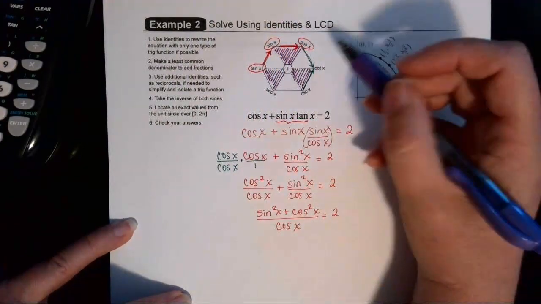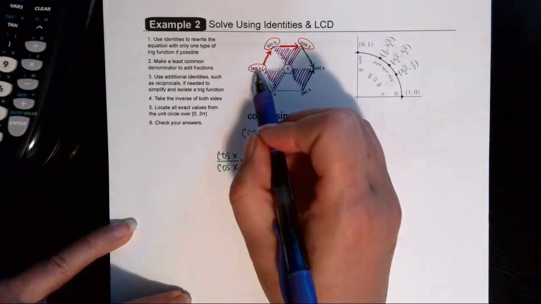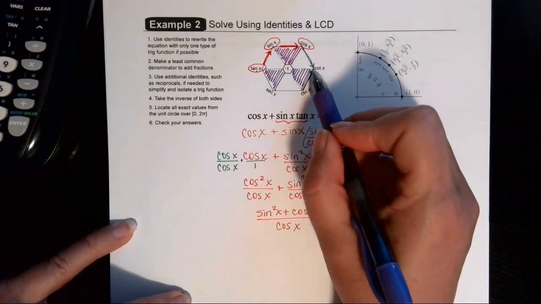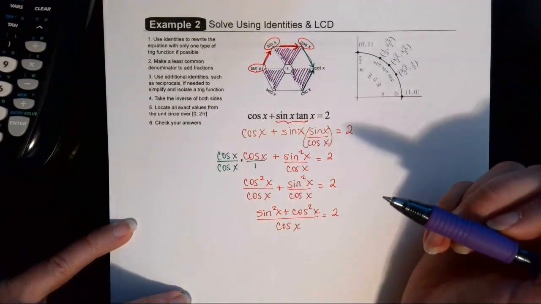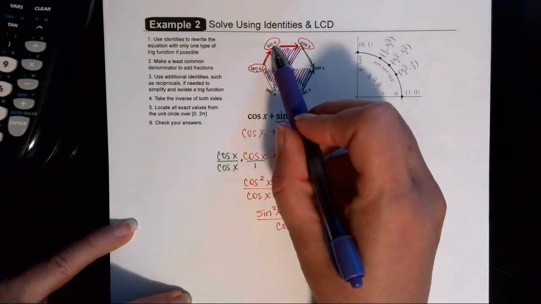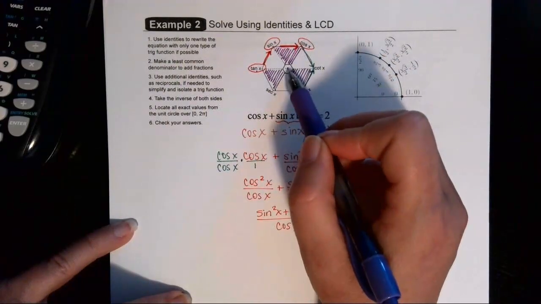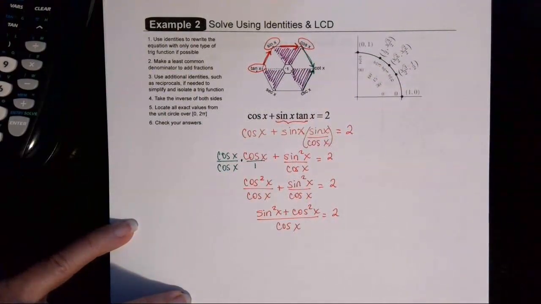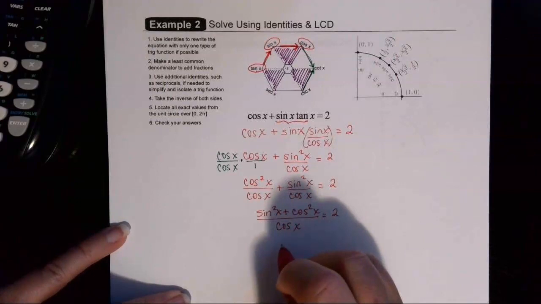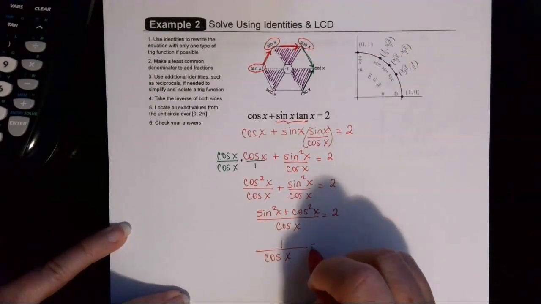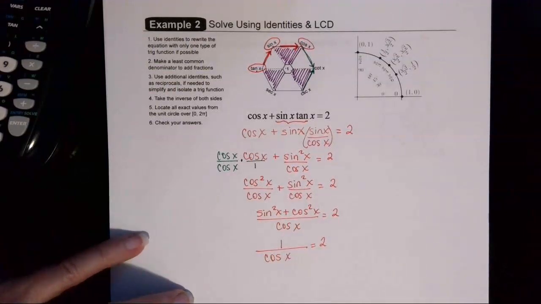So our Pythagorean identities are tangent squared x plus 1 equals secant squared x, 1 plus cotangent squared x equals cosecant squared x, and then the one that we're going to use here in the numerator, sine squared x plus cosine squared x equals 1. So that Pythagorean identity I'm going to apply, and I'll have 1 divided by cosine of x equals 2.